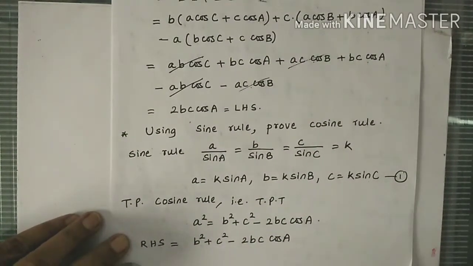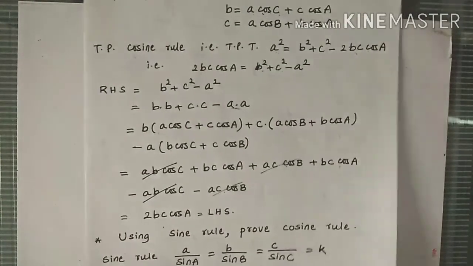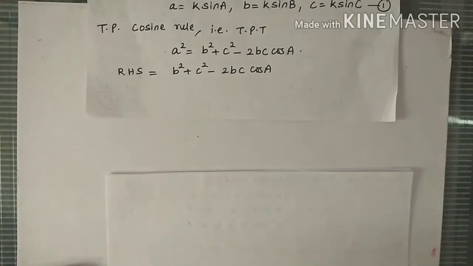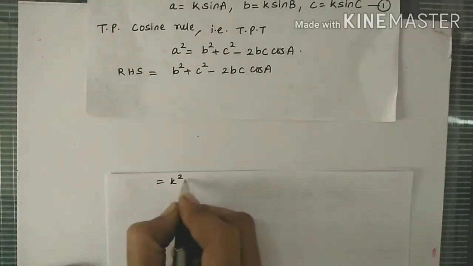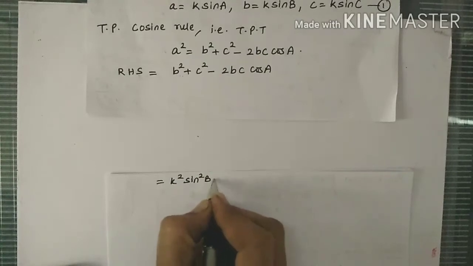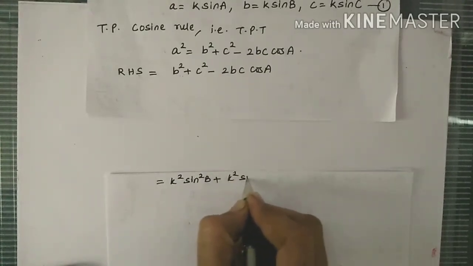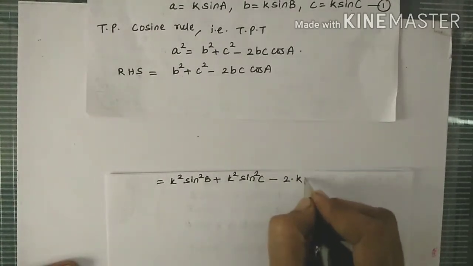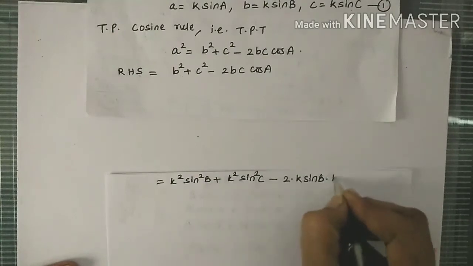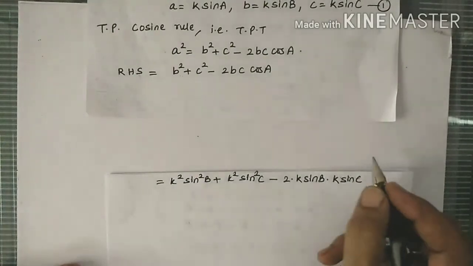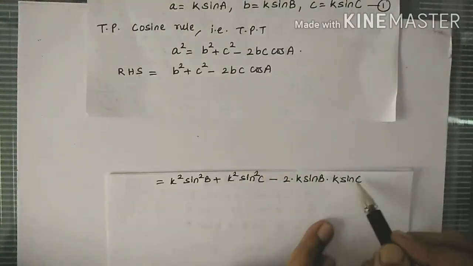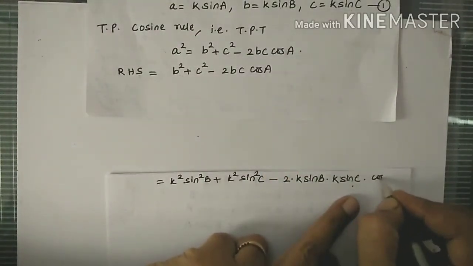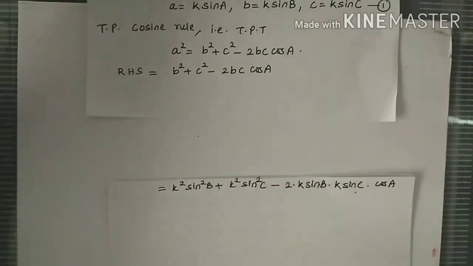So replacing B and C, B square is K square sine square B, plus K square sine square C minus 2B again, that is K sine B, C, that is K sine of C. So we have written 2, then B, then C, and now the remaining term is cos of A. Now we have written all the terms.